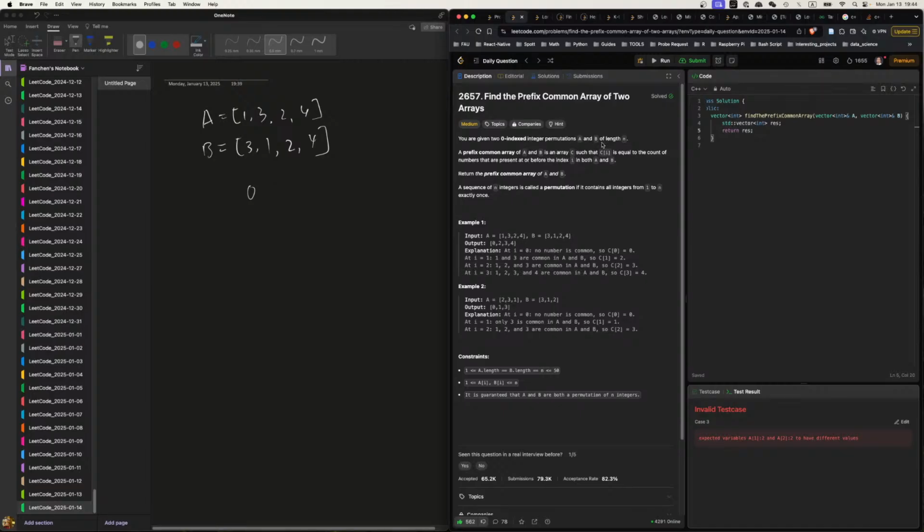A permutation of length n is a sequence of n integers. Oh, it says it contains all integers from 1 to n.